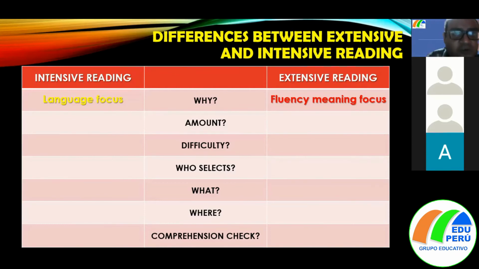On the other side, in extensive reading, the focus is fluency, that they could read as much as they can. Notice the difference: fluency, meaning focus, and language focus.